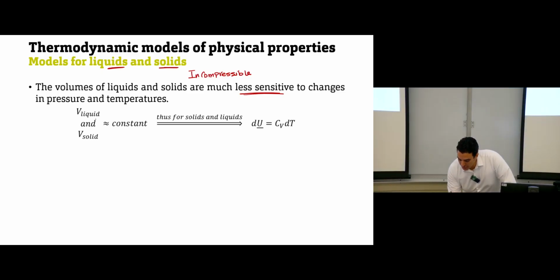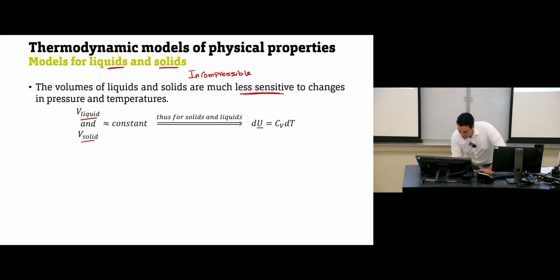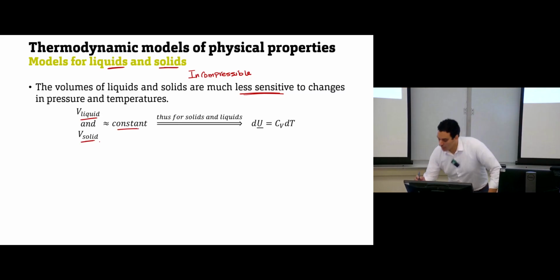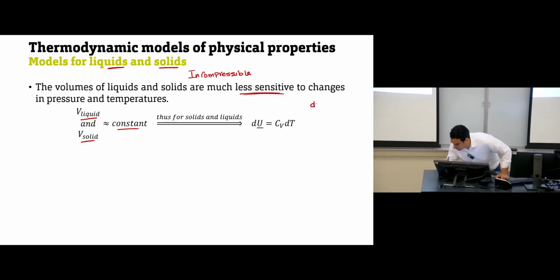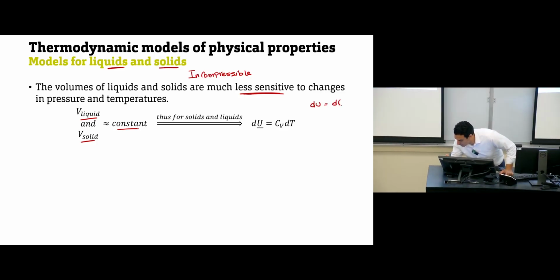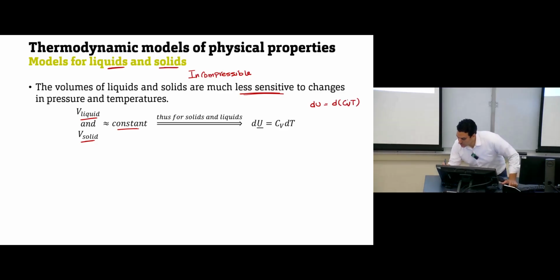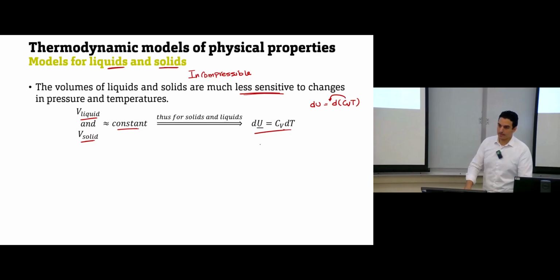So this is why we can say the volume of liquid or solid is almost constant. So if we need to find du, which is Cv dT, Cv will be constant, so we have du as Cv dT.